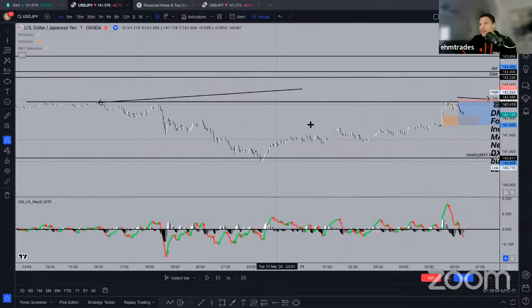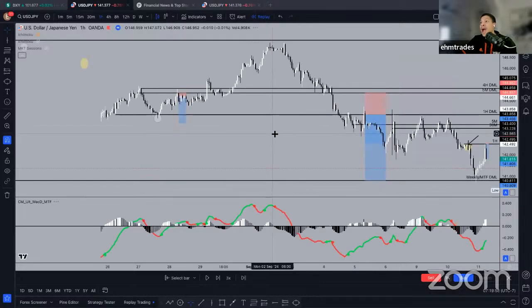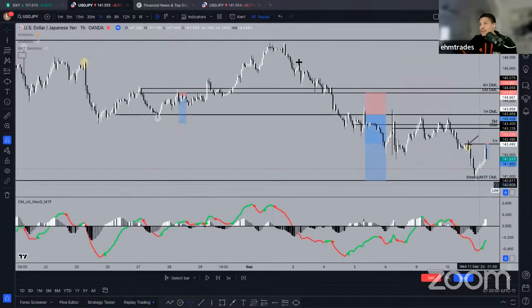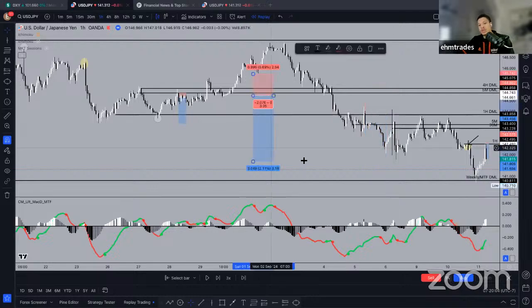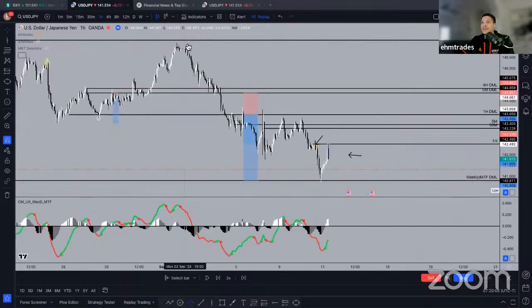This is just the 1 minute. But when we're looking at the USD JPY on like the hour, this is the trend. We can all agree that from this top here to this bottom is the trend, and it has not been broken yet. There was some ranging in here, but the trend has not been broken yet, right?